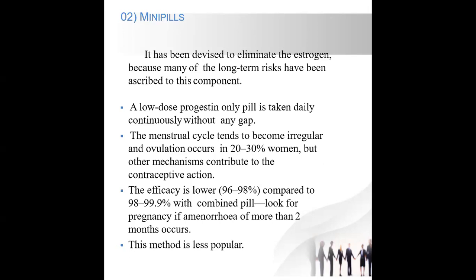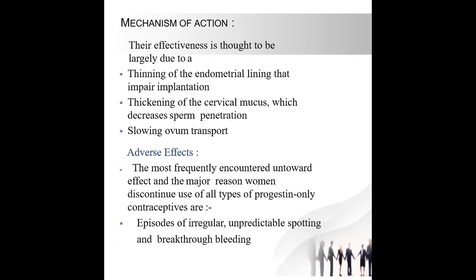We have to look for pregnancy if amenorrhea of more than 2 months occurs. This method is less popular because of its low efficacy compared to oral contraceptive pills. Now, when you look into the mechanism of POP, the progesterone-only pill, it is effective.